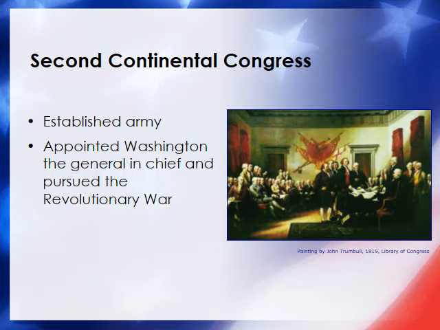Second Continental Congress, as I mentioned before, fighting is breaking out between colonial militia members and British troops. But still, even as they appointed Washington the general commander-in-chief, the ultimate goal was to retain the previous relationship with the British.